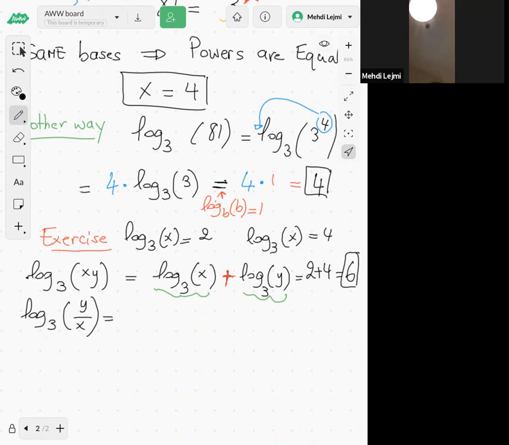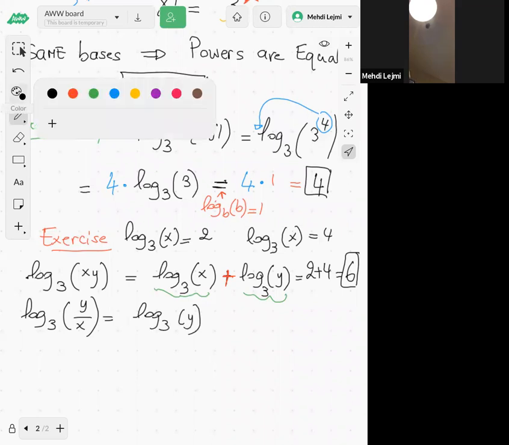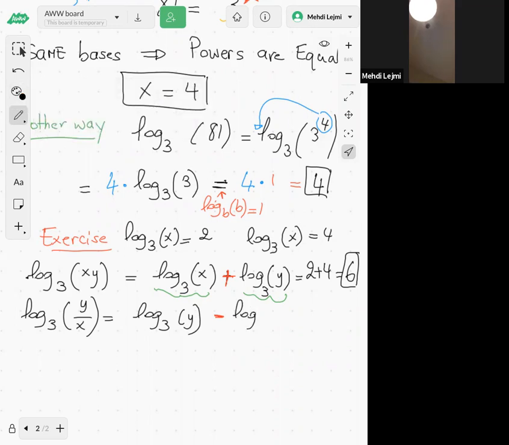In the top here, we have y, so that will be log of y minus log of x, because y is in the numerator.